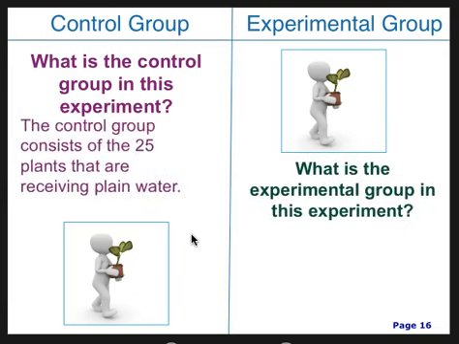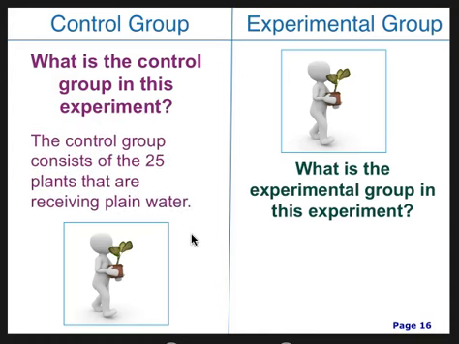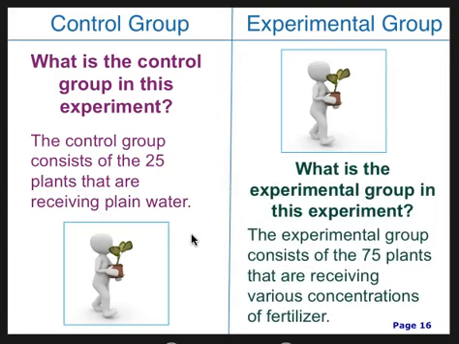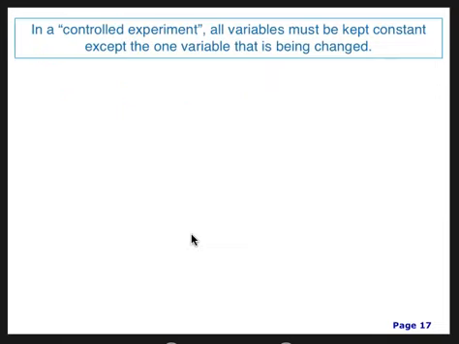So my control group is that group of 25 plants that just received plain water, no fertilizer. My experimental group, I actually have 3 experimental groups. Well, I have 1 experimental group with 3 subgroups. So I have 75 plants that get varying concentration of fertilizer. All right, remember what I said.